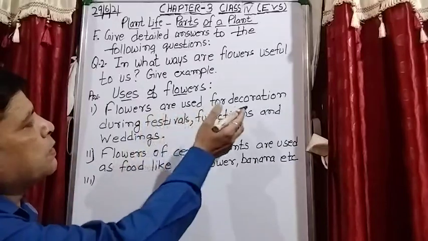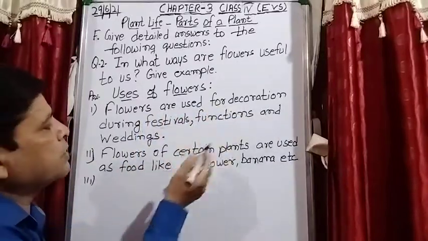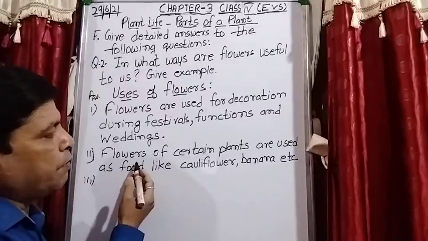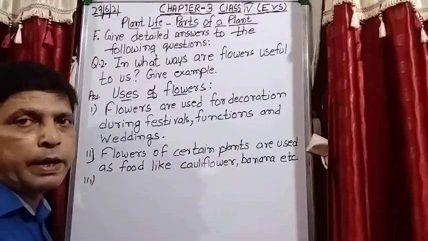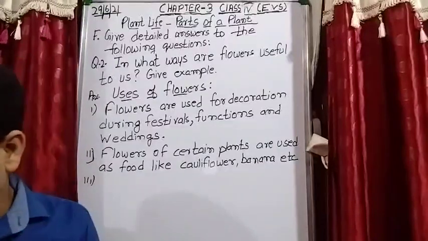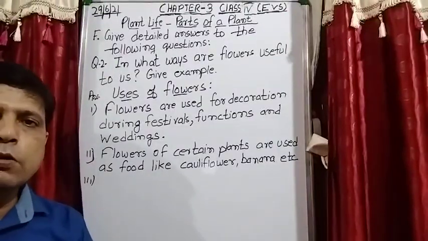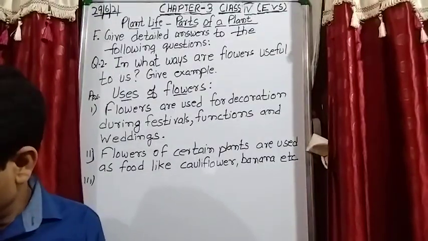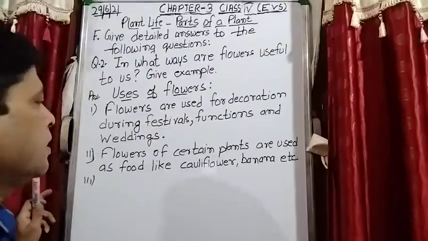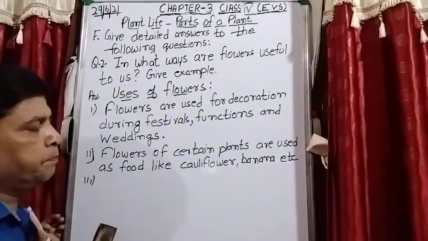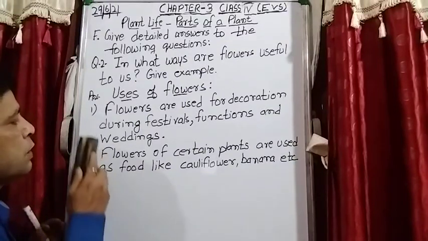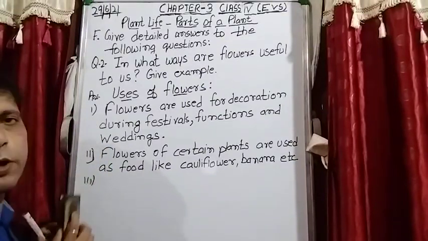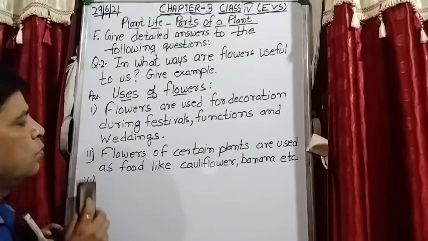Flowers of certain plants are used as food like cauliflower and banana. So these are the 2 points, we have to write 2 more points. Okay, so note down this point. You can take a screenshot. This is point number 1. This is point number 2.